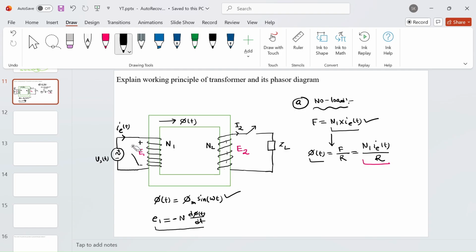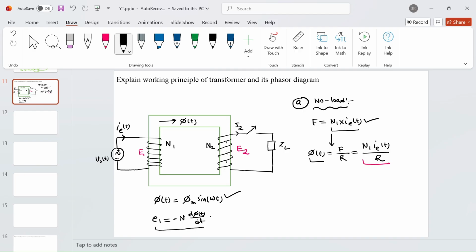So as of now, let's say I am not considering this plus minus symbol here. I am just considering that there will be induced voltage in the primary coil. Rather, I am considering the Lenz law in the equation itself to calculate the induced EMF. So both are the same scenario. Either you can mark the plus minus symbol here and not consider this negative sign, or you can simply remove the signs from here and add the effect of Lenz law in the equation itself.